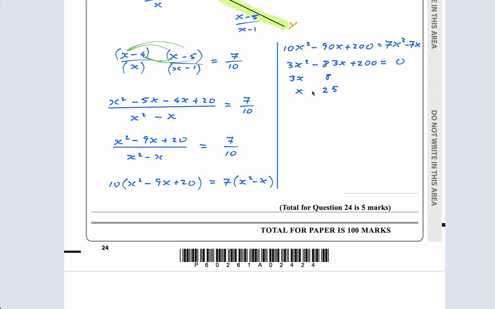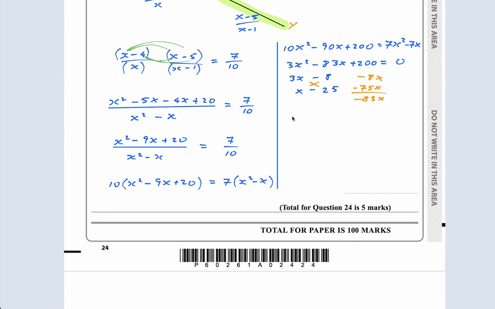I knew that because my x1 was 25, so I need x minus 25, and my x2 was 8 over 3. So these are my two factors, because this 3x times 25 is minus 75x, minus 8x gives me the minus 83x. Okay, anyway, nearly finished.